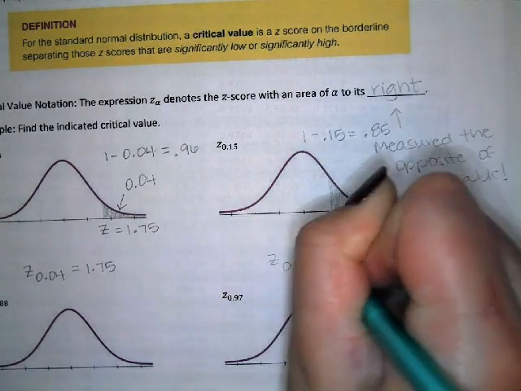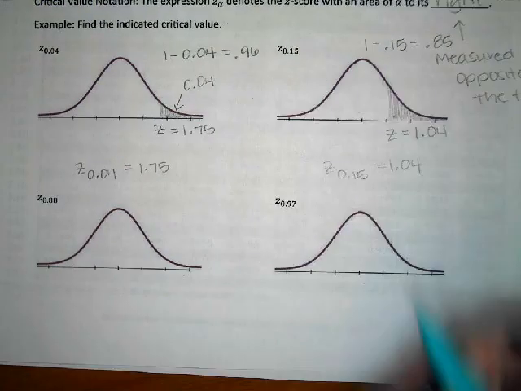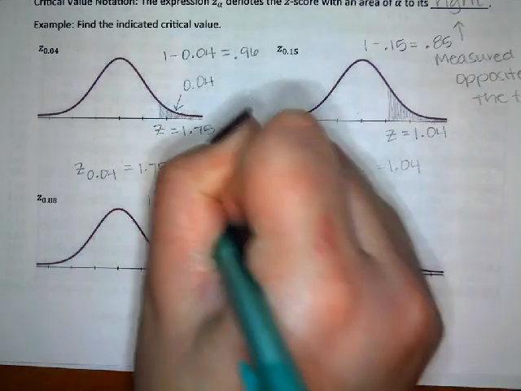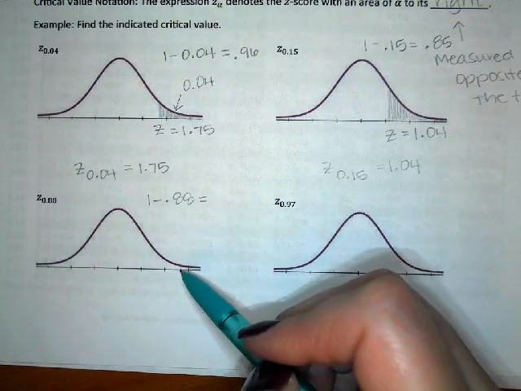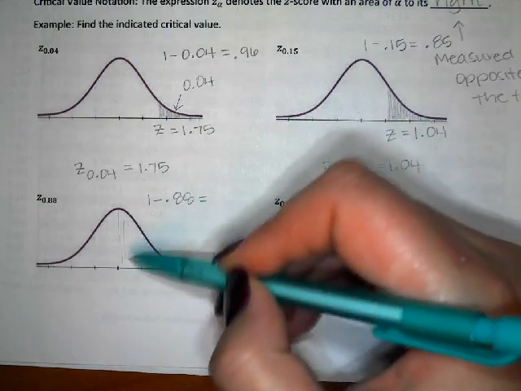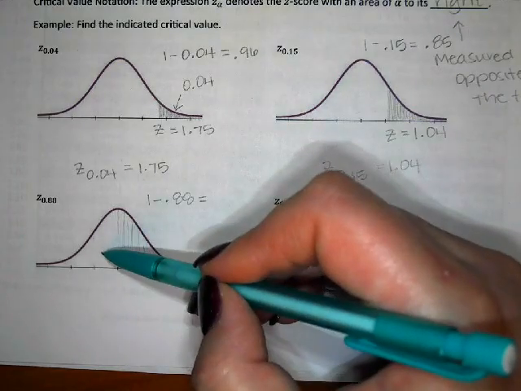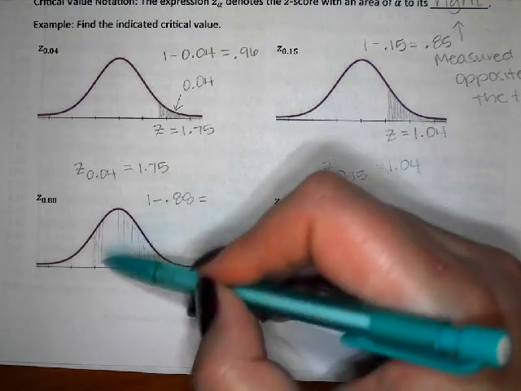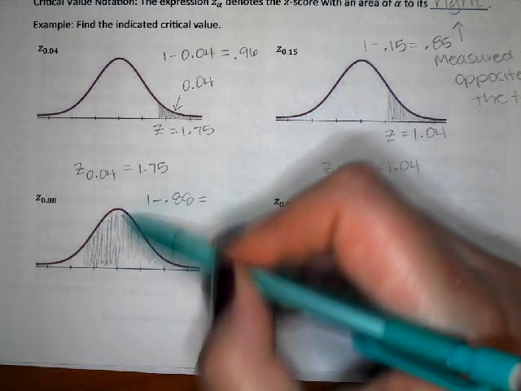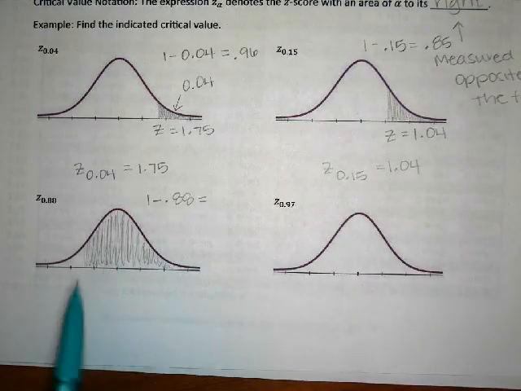All right, for this one, 88%, so we'd have all 50% of this. This is 34%, so that's 84%. And then like a little bit more, I don't know, something like that. But for our table, we don't measure it from the right, we measure it from the left. 1 minus 0.88 is 0.12, and so that's what I'm looking for on the table.